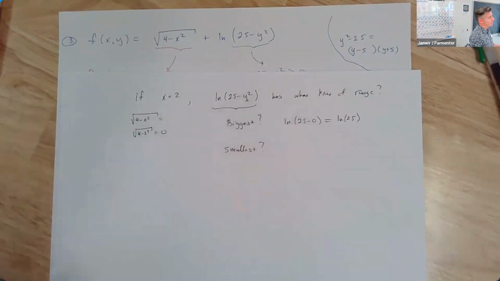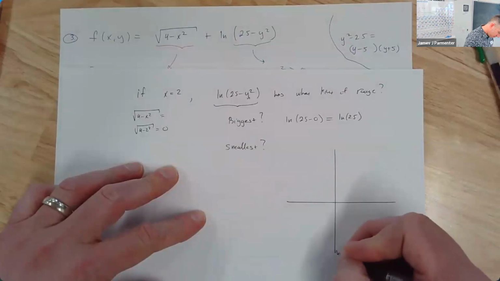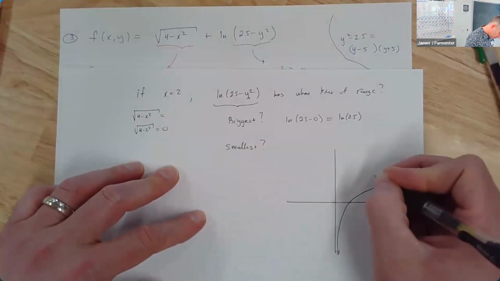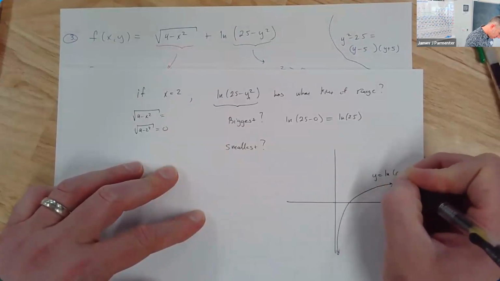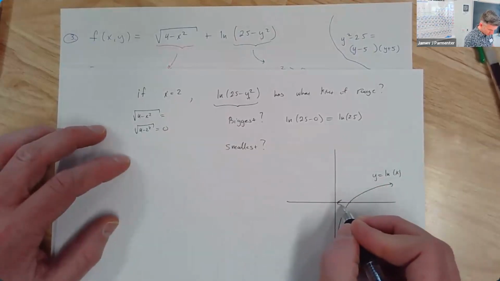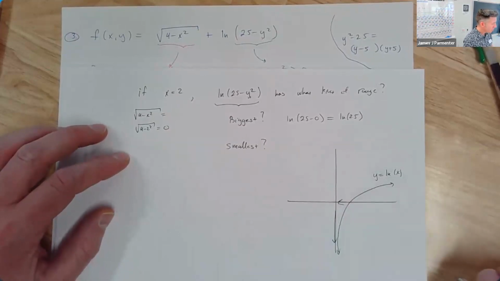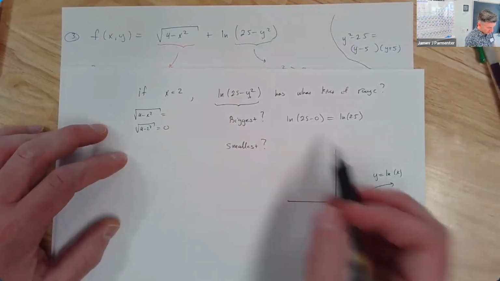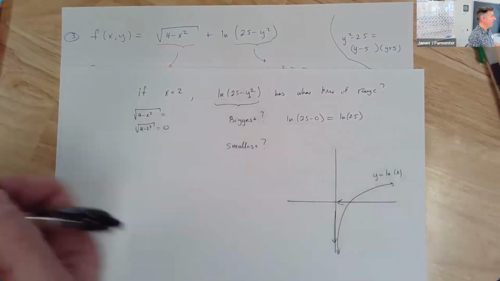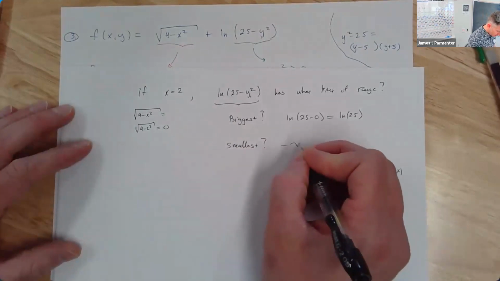But if we think about the natural log graph for a second, we can see that as the inputs get closer and closer to 0, the outputs get more and more negative. So what really happens here is that this can be negative without bound. This function can go as negative as you want by letting y get closer and closer to 5. So smallest all the way down to negative infinity.